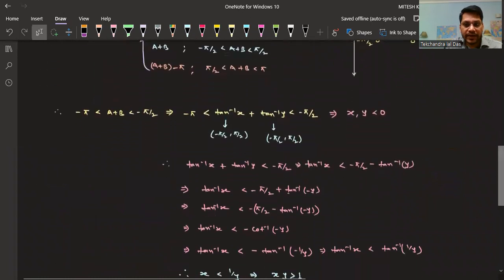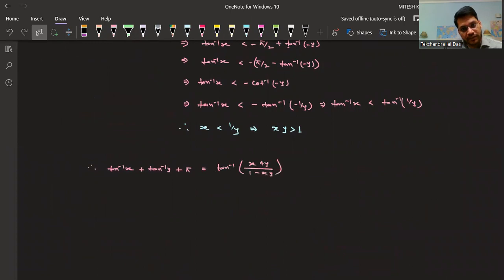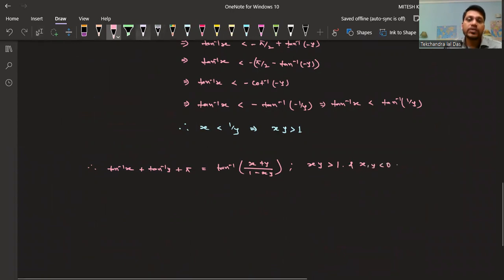So you can write here further equal to tan inverse of x plus y by 1 minus xy, and this is for which x, y? For x into y greater than 1, and also x comma y less than 0. That we have found earlier.